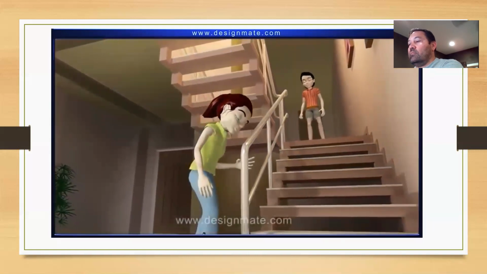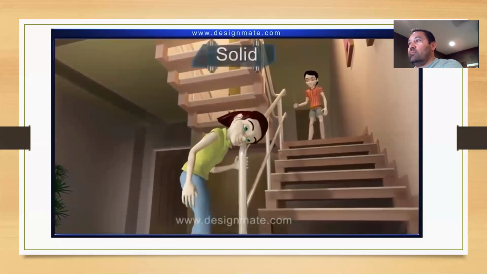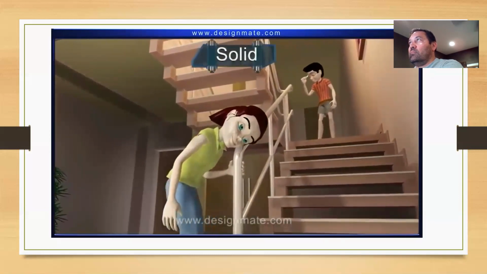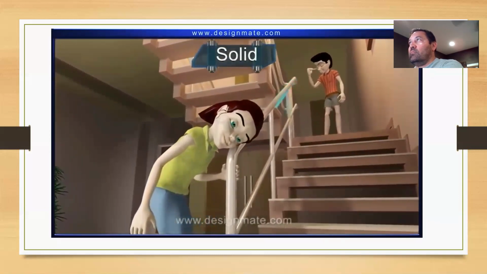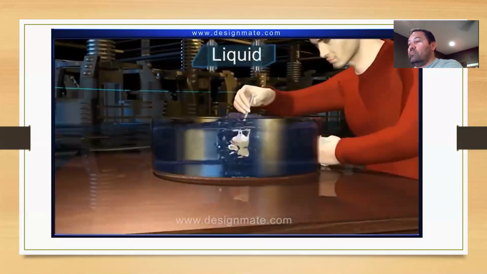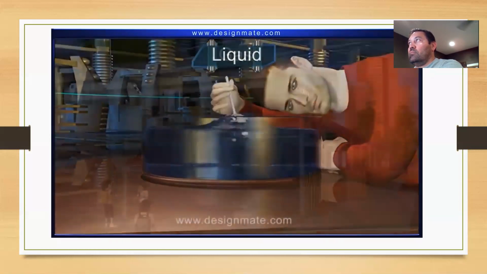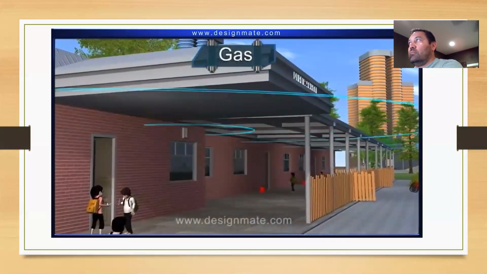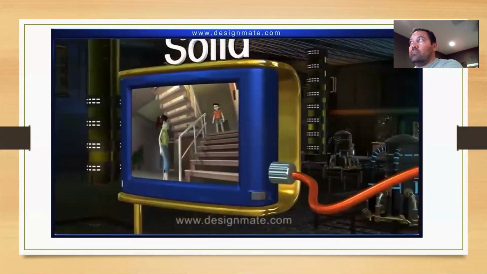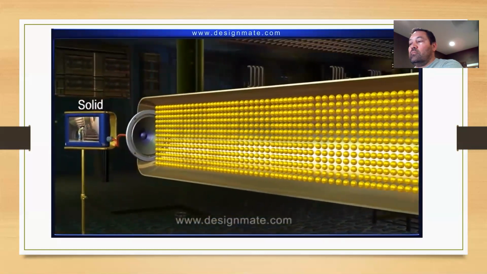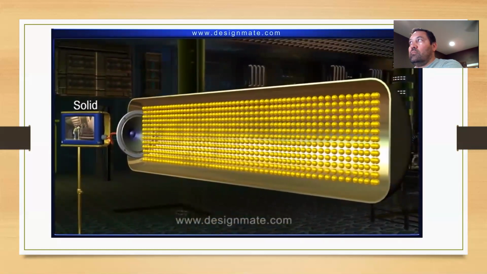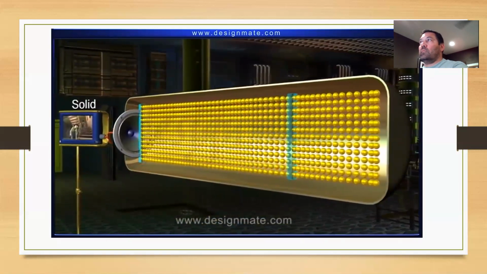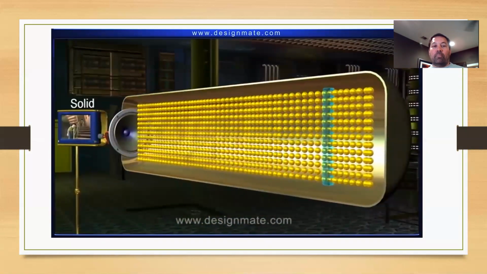These waves travel at different speeds in different mediums. The medium could be a solid, liquid, or gas. Now let's see how this works. In a solid, the particles are very close together. Sound energy moves as one particle hits the other particle.